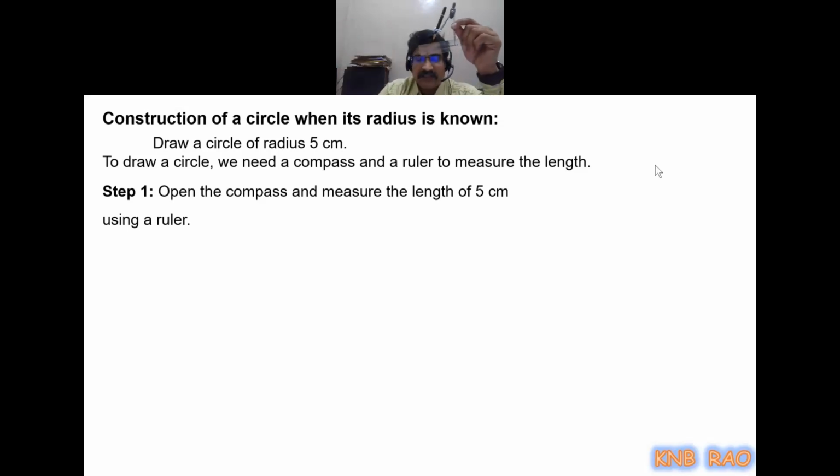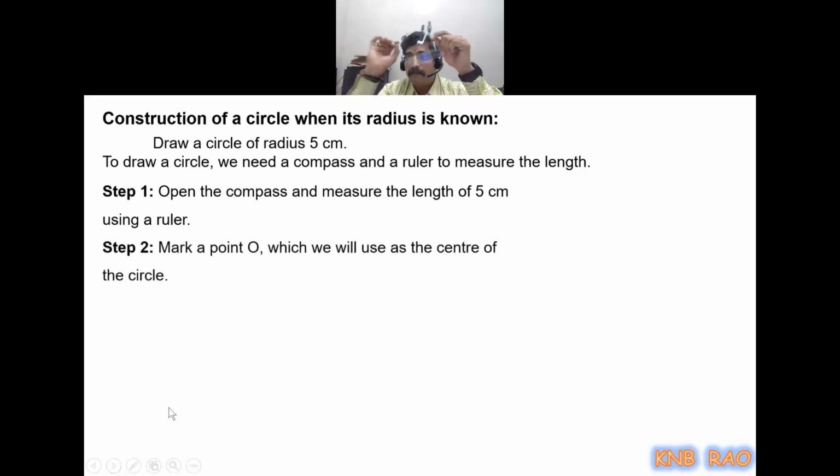Now, next step. What would be the next step? Next step is you need to mark a point on paper, any point. You can mark anywhere, but prefer that when you move the pencil end, that arc should come within that page.